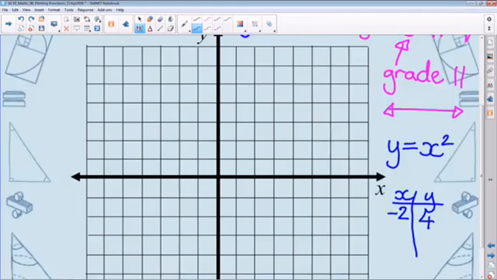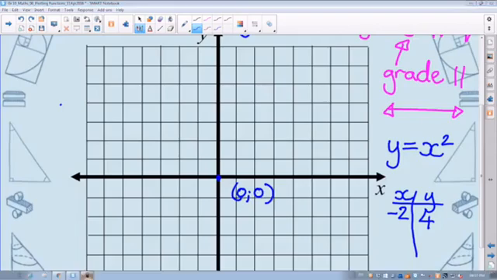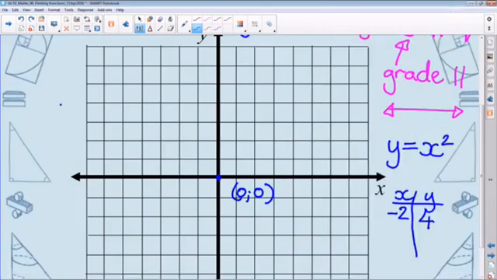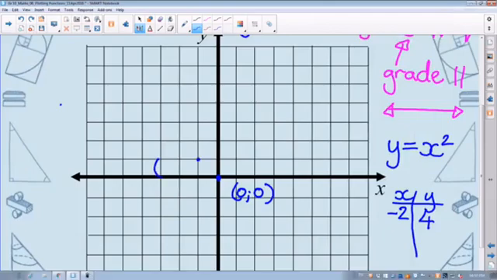So let's draw that over here. I'm going to plot 0, 0. And let's just check what was happening with the other coordinates. Negative 1 and 1. So negative 1 and 1 is over there.